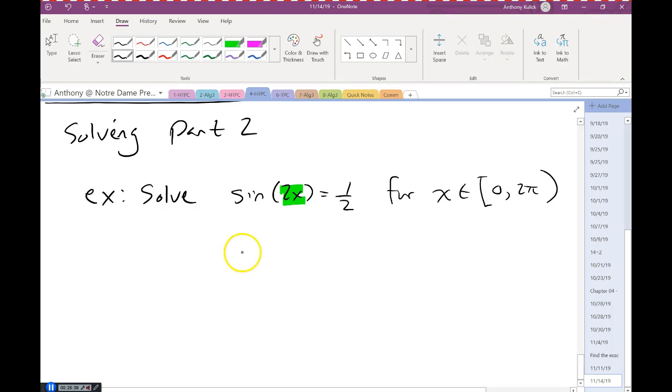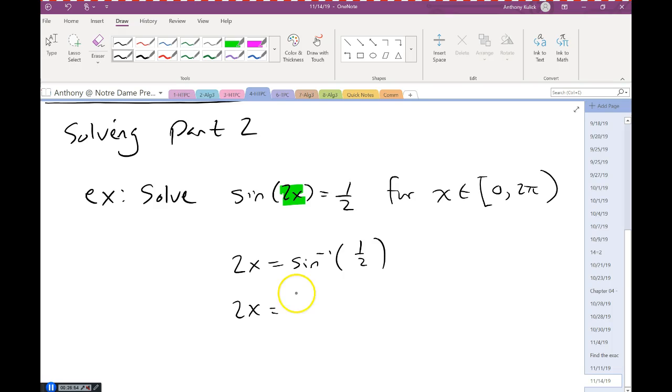So if we approach this the same way we would have in the previous problems, we'll take the sine inverse of both sides. And then we'll go to the unit circle and retrieve the places where sine is 1/2. So we're looking for where the y coordinate is 1/2. That happens at pi over 6 and at 5 pi over 6.